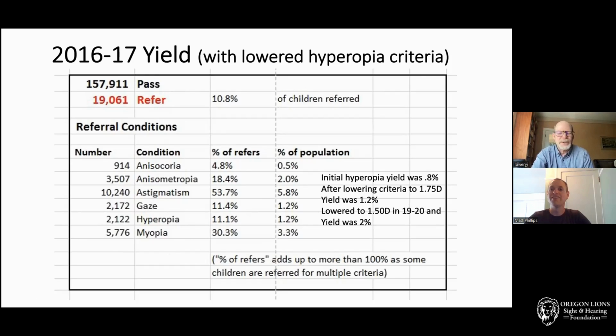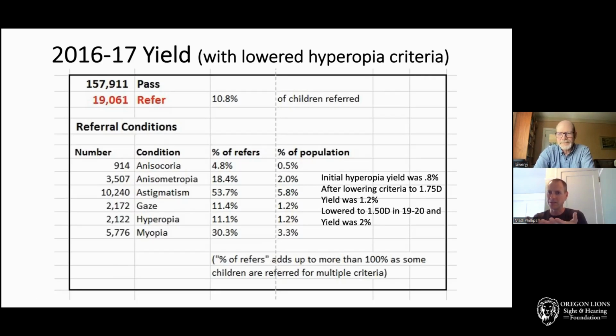So we realized... Oh, yes, this was our Lions screening data from 2016 to 17. The default criteria in the spot is set to a level that you'd look at in a pediatric setting, and you have national data that backs up what percentage of kids across the nation really have hyperopia.